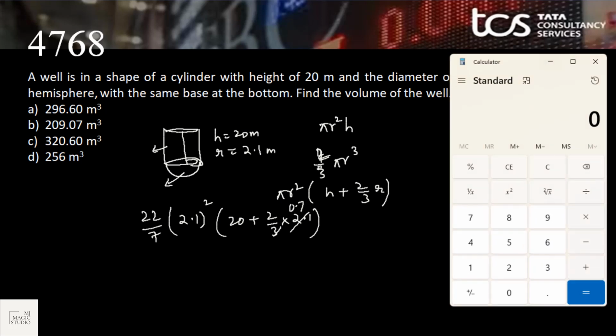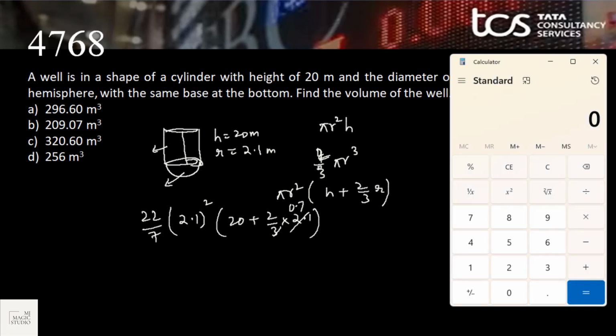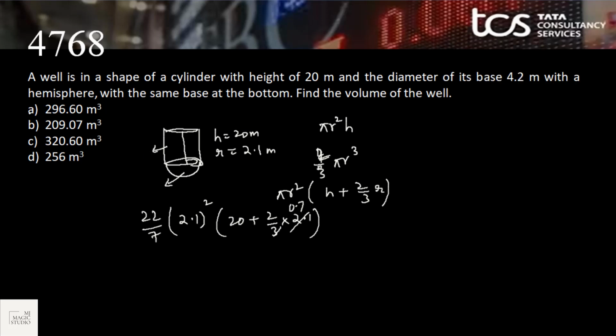We can use our on-screen calculator and find it. So that is 21.4 into 2.1 into 2.1 into 22 by 7. That comes to 296.60 meter cube. Okay, so that is option A.